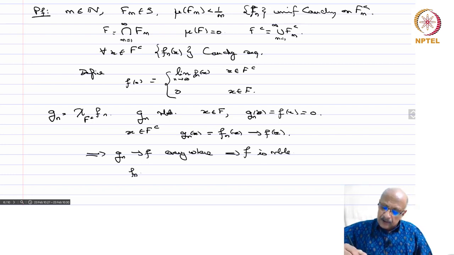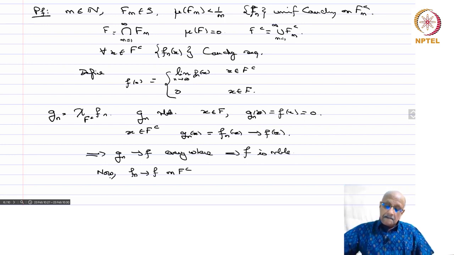Now, f_n converges to f on F complement, and what is F complement?